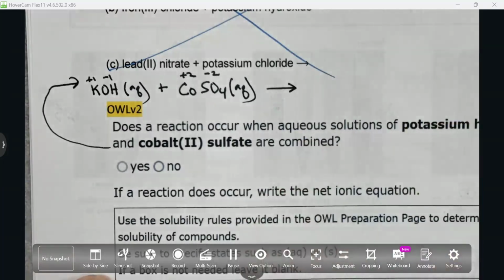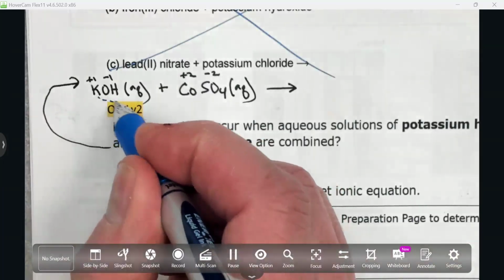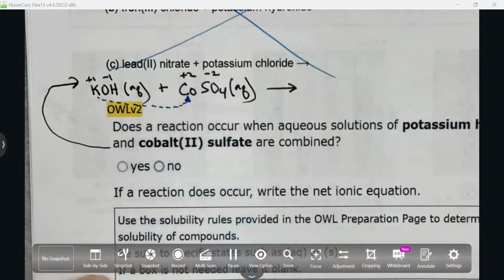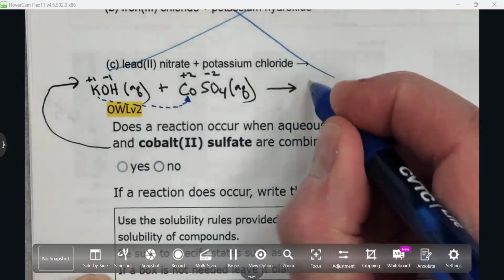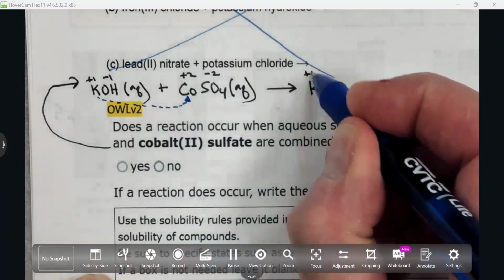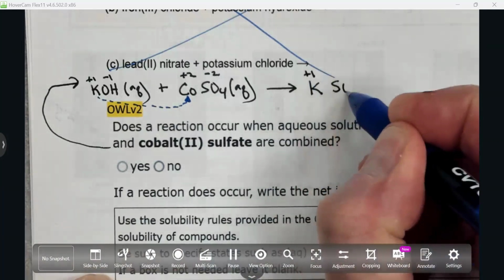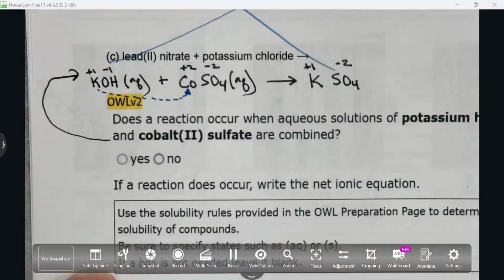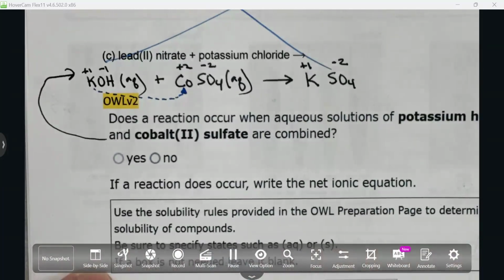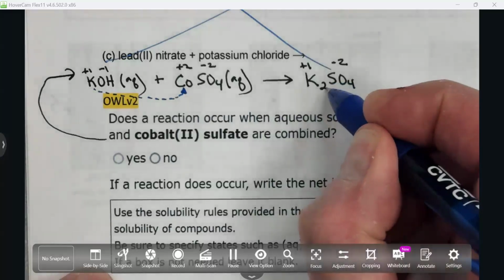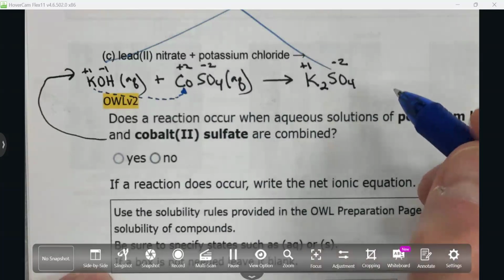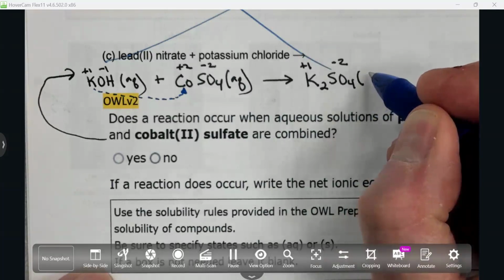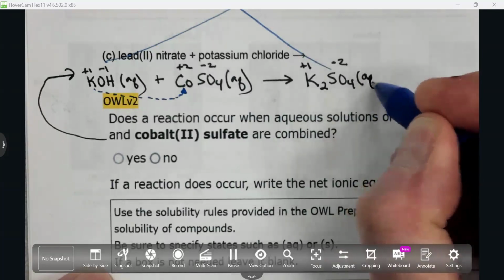Now we're going to switch the positives. So my potassium takes the place of cobalt. So I end up with K2 here, right? I need 2 potassiums. Is that going to be aqueous? Yeah, it starts with potassium, right? So this is aqueous.